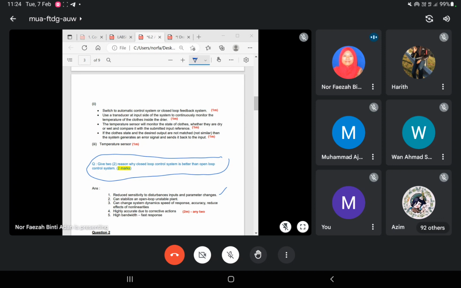Okay, and then the best part of it is when you have an open loop control system, macam contoh in closed loop control system, if your feedback transducer doesn't work, the system cannot operate. Okay, kalau open loop control system, it doesn't have any feedback. So katakanlah you have an error in the system, it can still run. It doesn't have a problem in running.